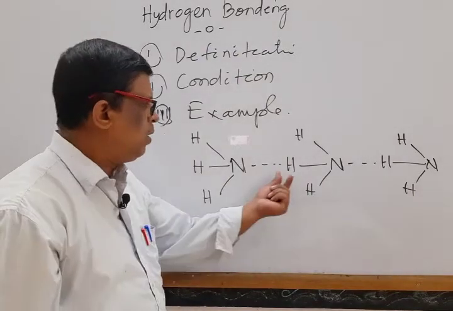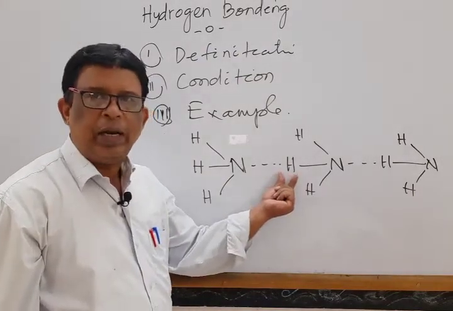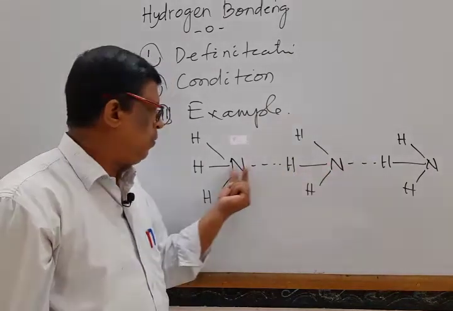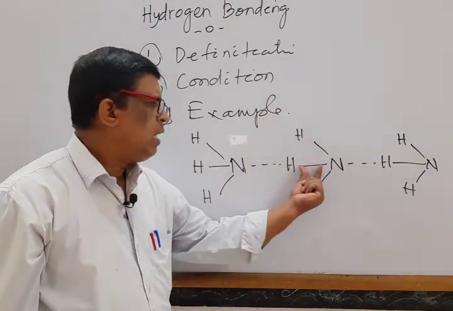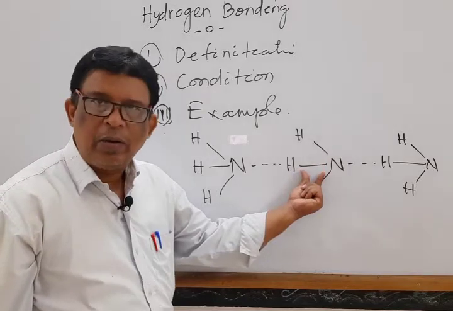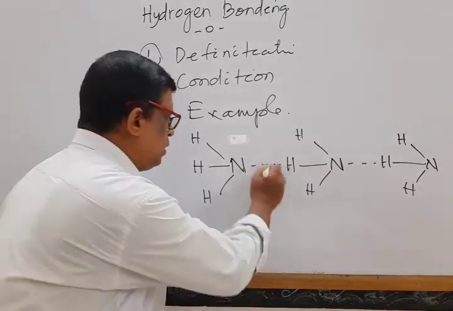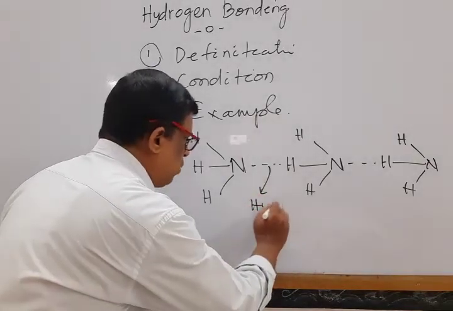Mark that. What happened? This hydrogen atom, I repeat again, this hydrogen atom makes a bridge between two elements. That means on one side it is bonded by a covalent bond, while on the other side by this dotted line, this is known as hydrogen bond.